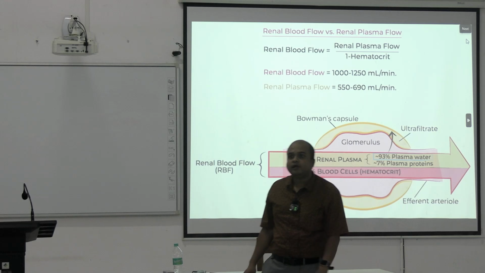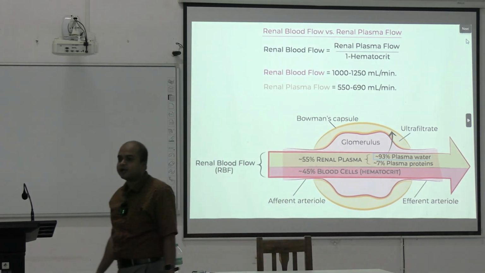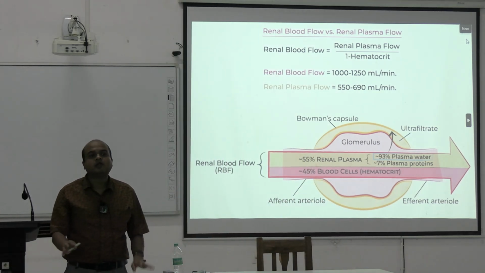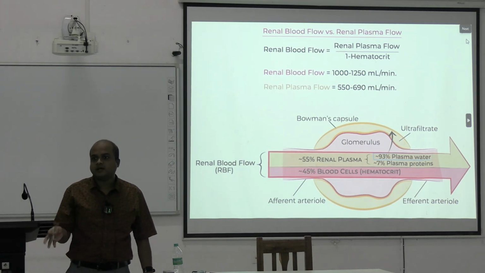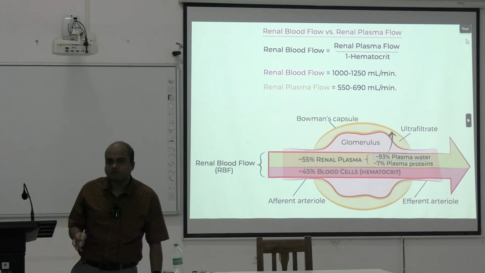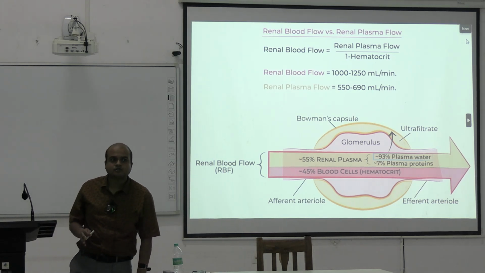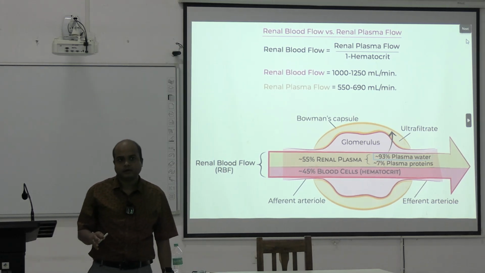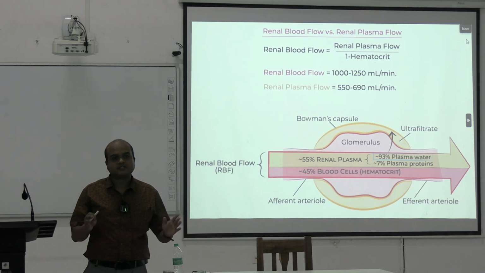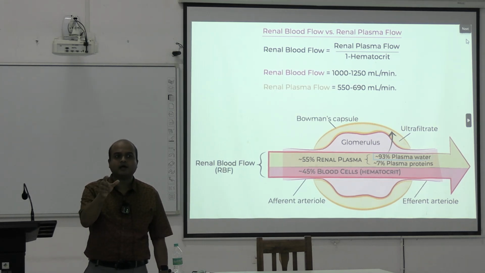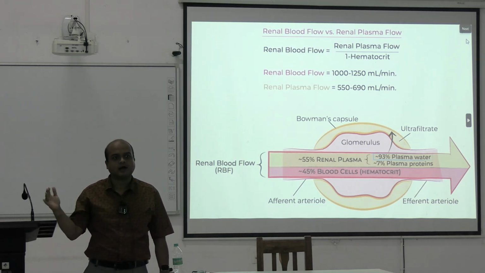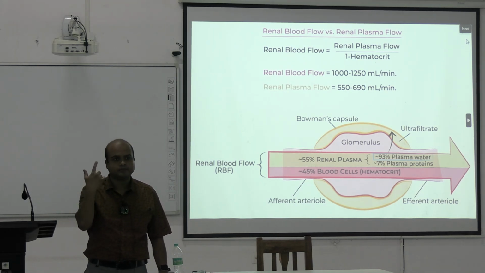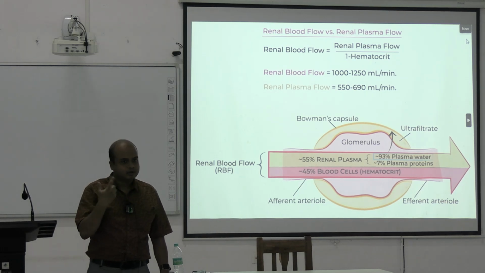So how to calculate it based on clearance? Like GFR can be estimated on the basis of clearance values of inulin and creatinine, as we have discussed, likewise renal blood flow can be calculated on the basis of clearance of a substance called para-aminohippurate. One criterion is the same for GFR and RBF based on clearance: the kidney itself must not degrade or produce the substance.